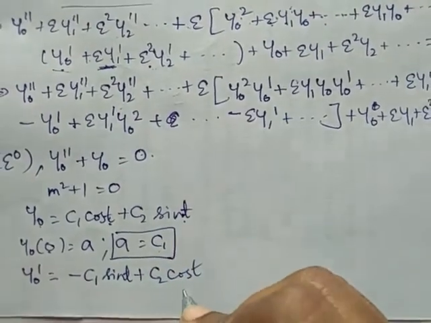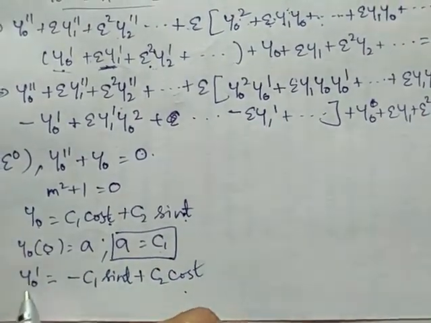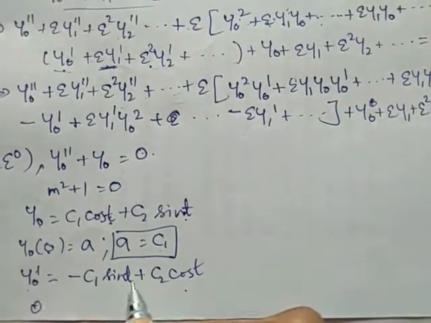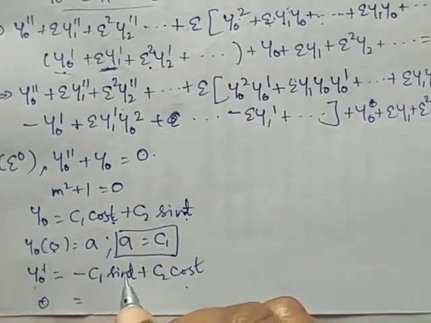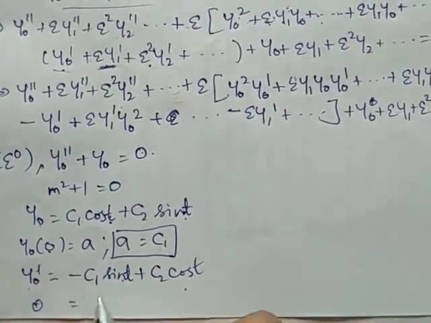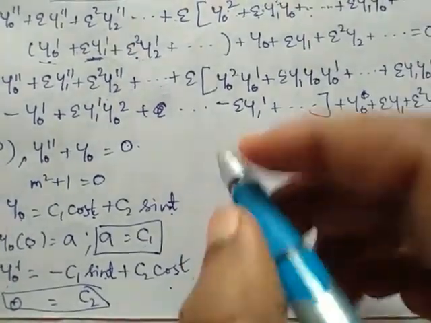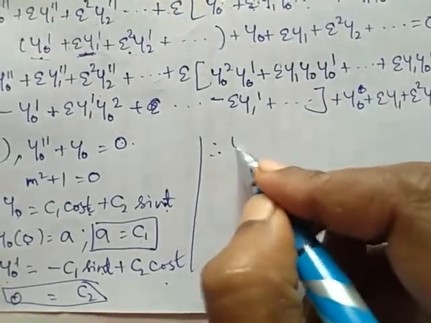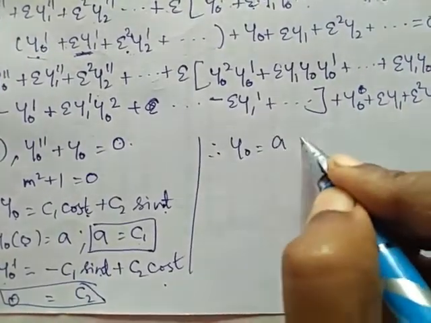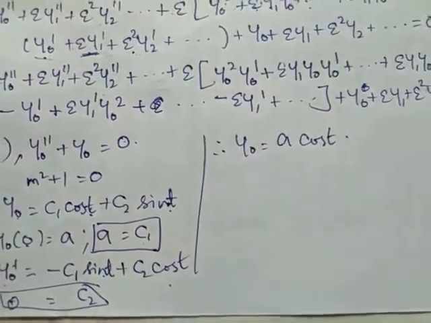Differentiation of sin t is cos t. y naught dash is 0 when t is 0. Sin 0 is 0, so c2 is 0. So what is our y naught? Therefore our y naught is a cos t. We got the first term.